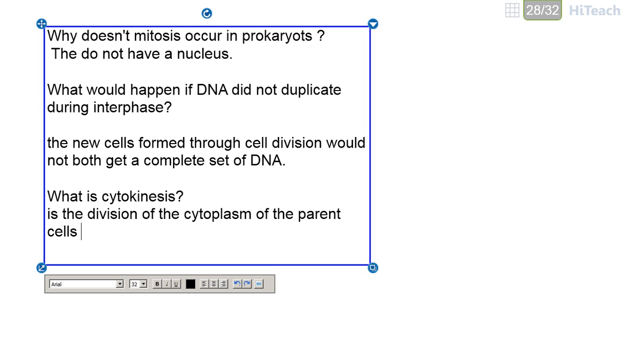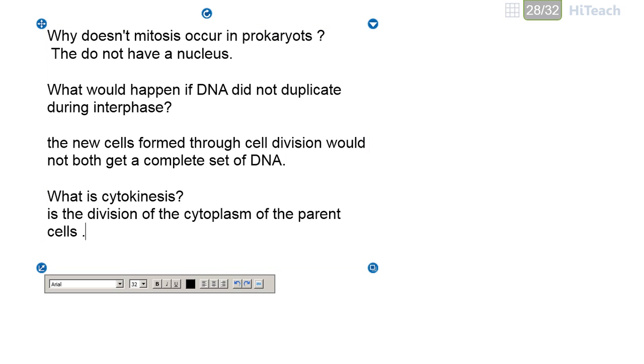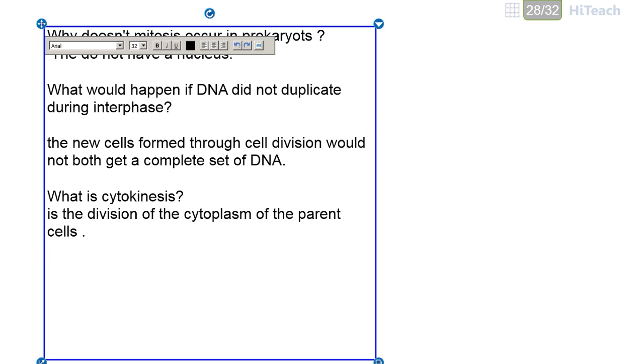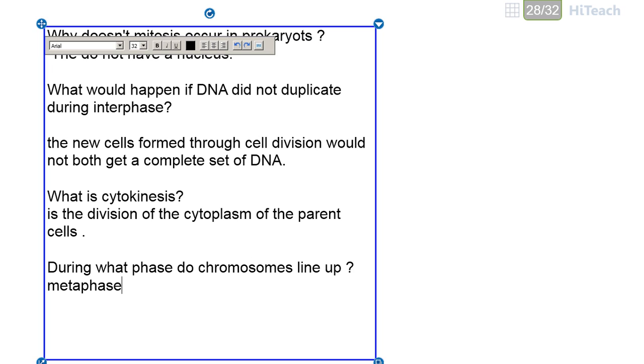Okay, another question. During what phase do chromosomes line up? Which phase of mitosis? It is metaphase, right?